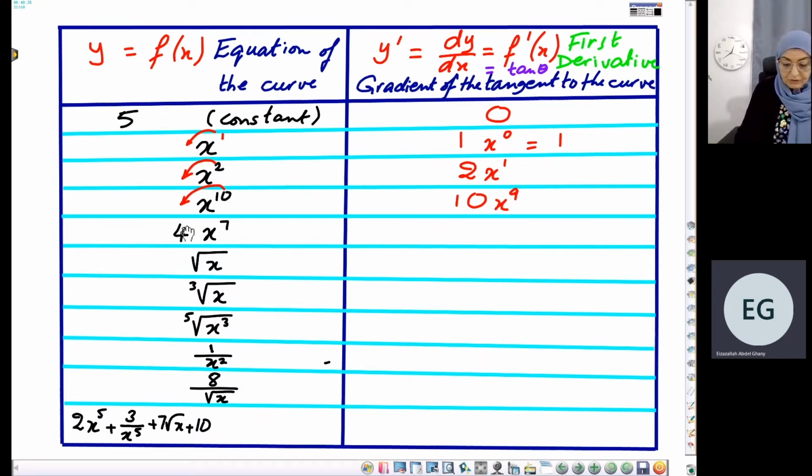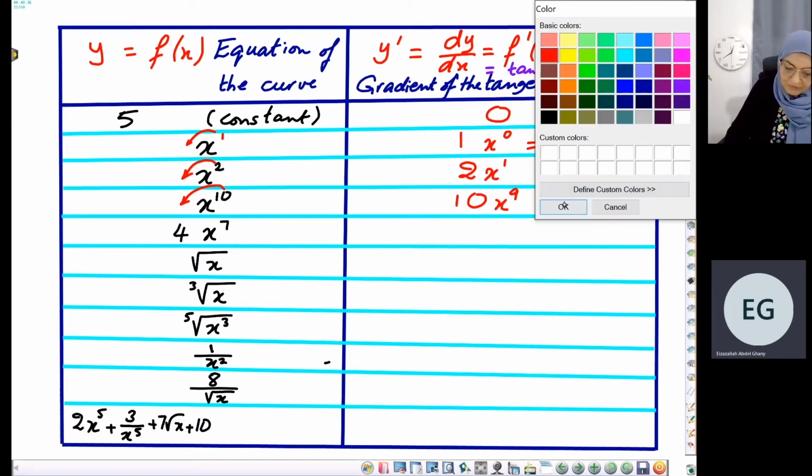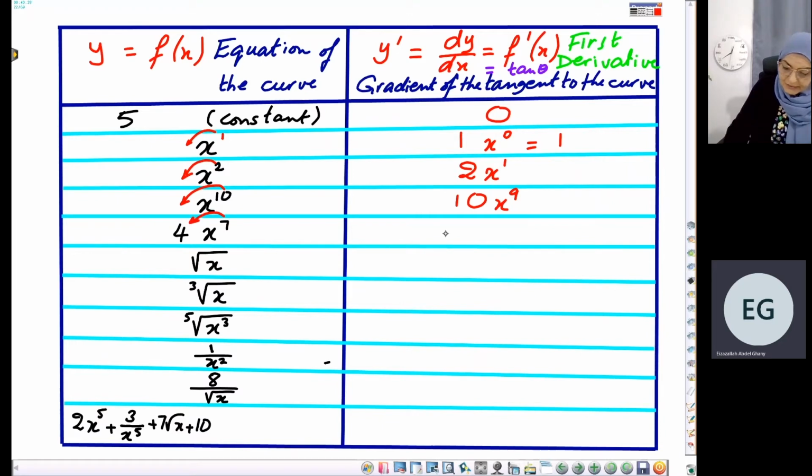When it goes down, it will hit the 4 and multiply it. So 7 multiplied by 4 is 28, and the power decreases by 1. So 7 times 4 is 28, and x to the power of 6. It's easy. Differentiation is so easy.